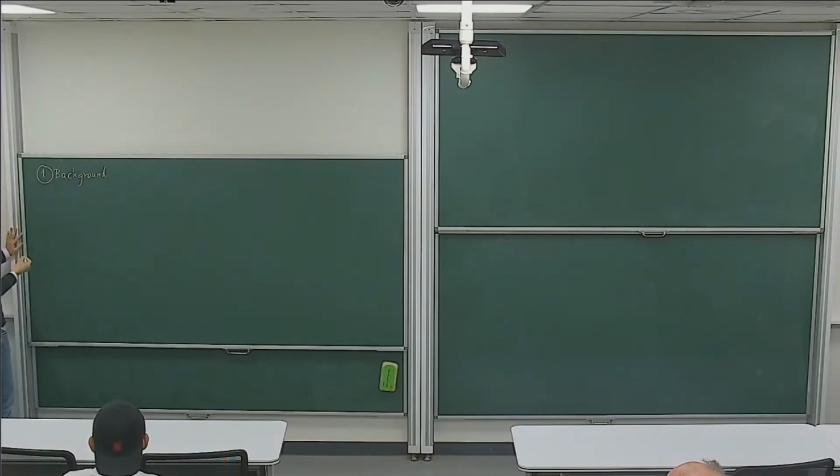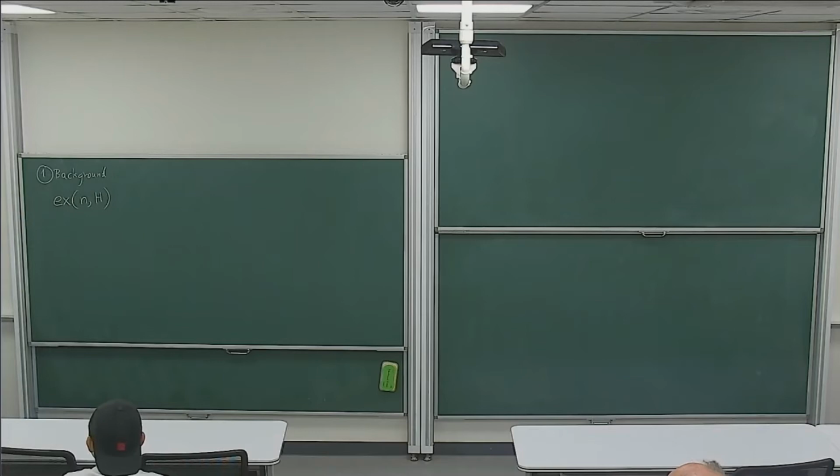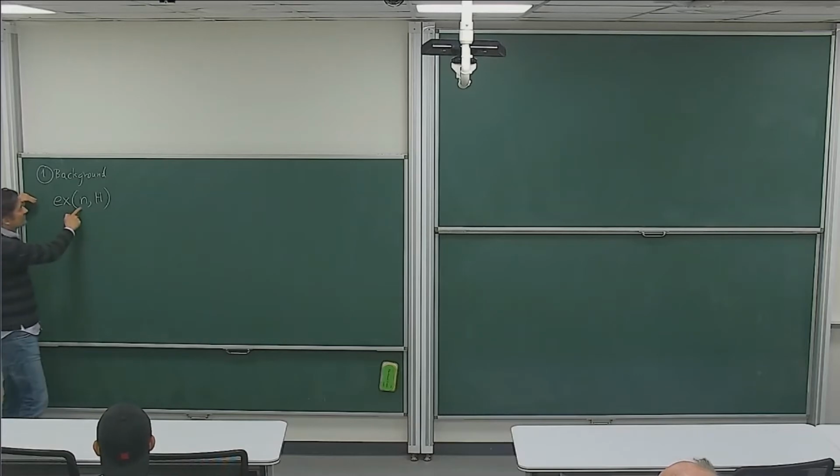So in extremal graph theory, one of the classical topics is the Turán-type extremal problems. Basically we're interested in the following. It means the maximum number of edges possible in a graph which has n vertices, but there is no H subgraph.